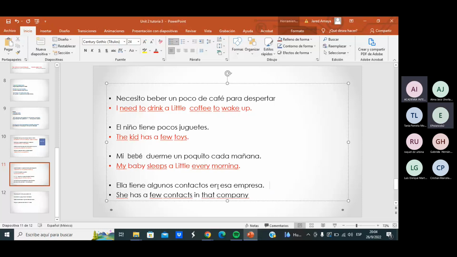Yeah, that's correct. She has a few contacts in that company. Very good. La oración transmite que ella tiene algunos o unos pocos contactos en esa compañía. Pero si usamos many es como ella tiene muchos. Ahí sí ya cambia totalmente la oración.